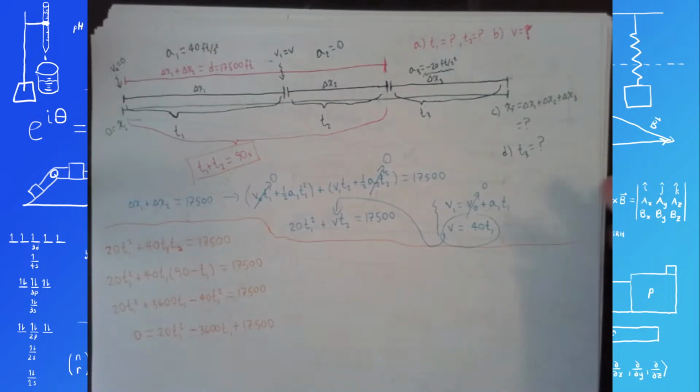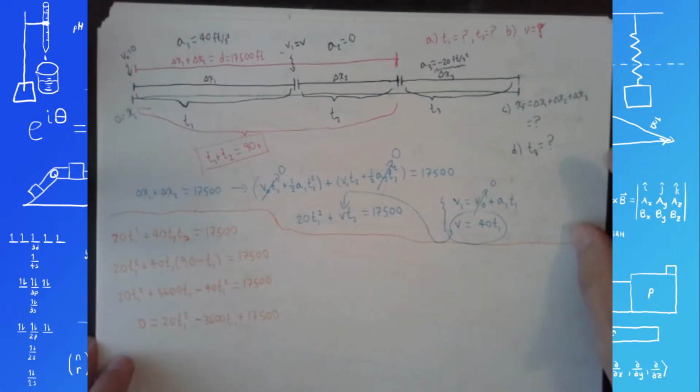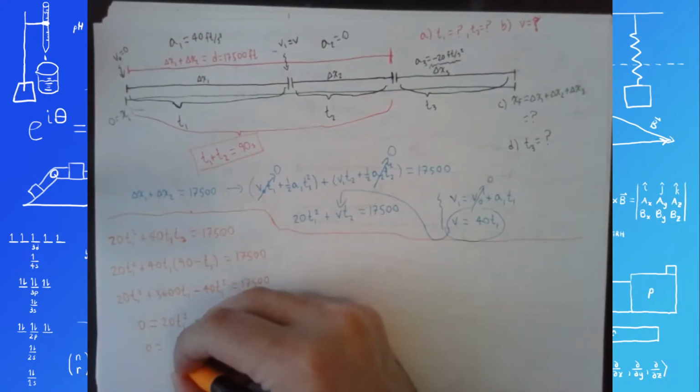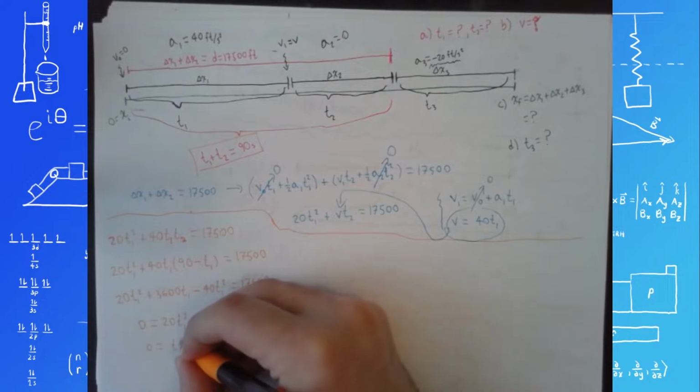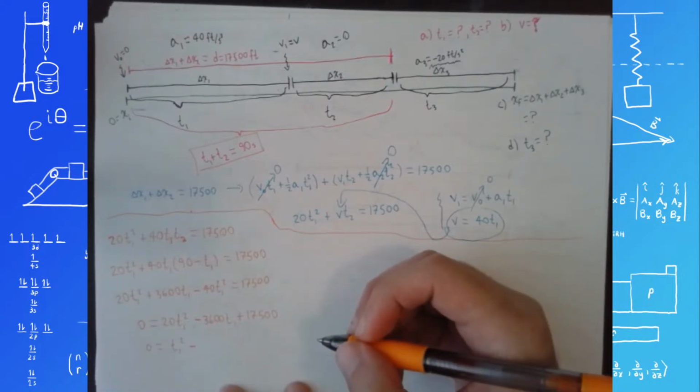Now, they're still whole numbers, so there might be hope that you can just factor. If you divide everything by 20, what does that give us? It's probably not going to help. I don't remember it helping, but we'll see. We get t1 squared minus, let's see, 3,600 divided by 20.